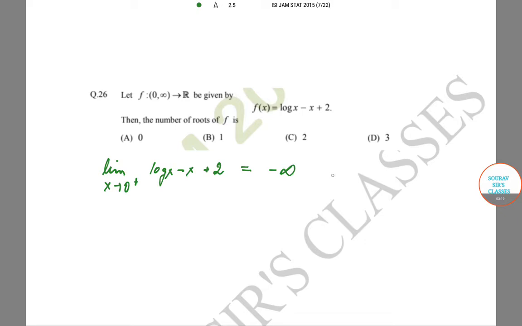And limit as x goes to infinity, log x minus x plus 2.